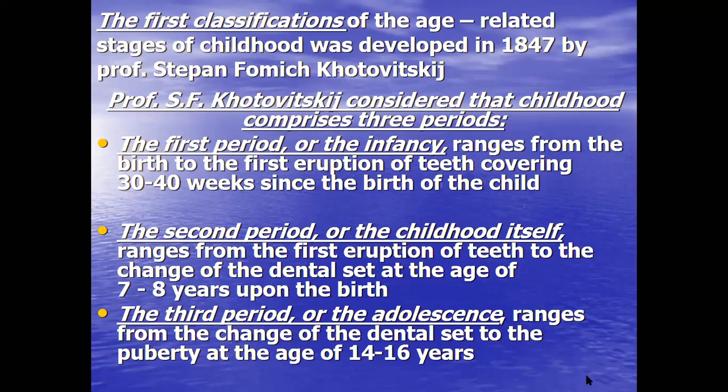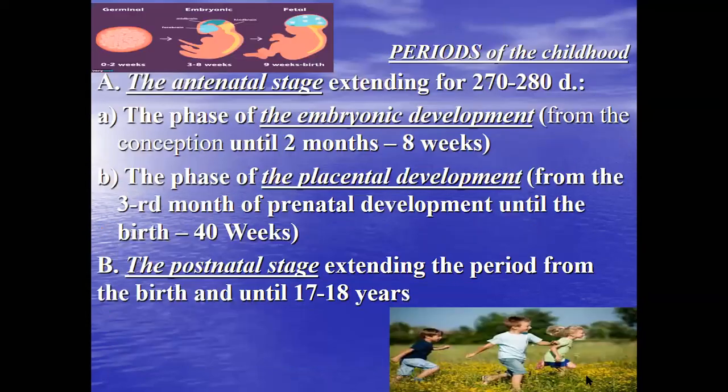And now we use the modern classification of the childhood, and all childhood period is subdivided into two big periods: the antenatal stage or antenatal period, and it exceeds nearby 270, 280 days, and the postnatal stage exceeding the period from the birth until 17, 18, and 20 years.